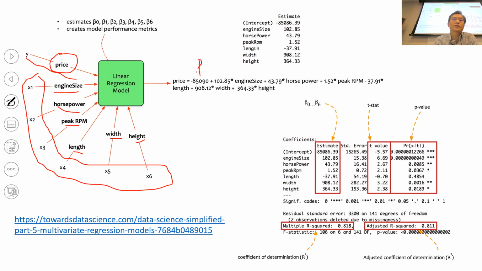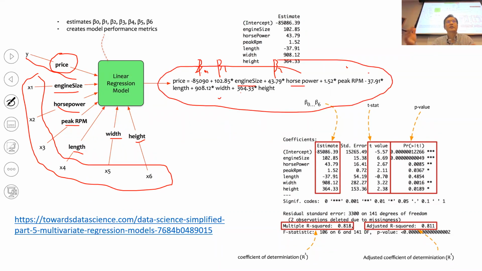You have beta 0 for the intercept, beta 1 for the first variable, beta 2 for the second variable, etc. Again, you need data points, samples, to give you the estimate of your parameters. You have a negative parameter for length, which has a negative impact on the price.